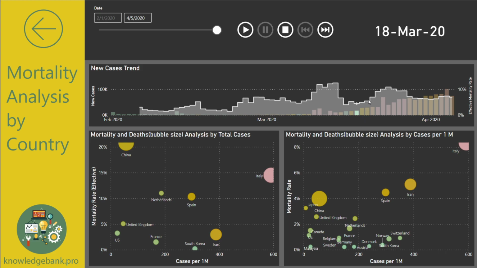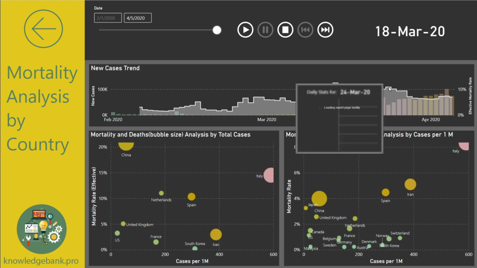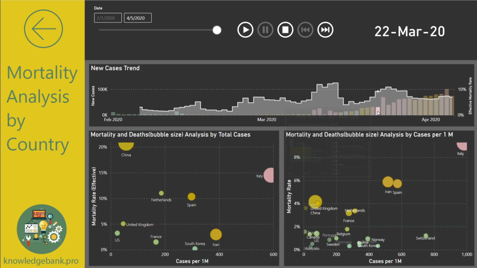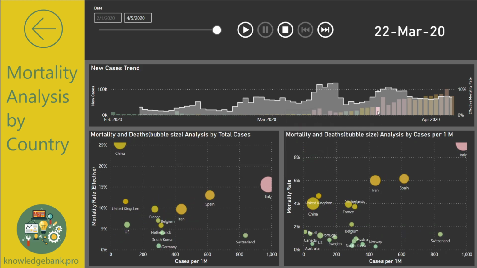However, effective mortality started rapidly climbing up. So by March 22nd, United Kingdom mortality was roughly 4.6%. However, we see the effective mortality was already 10%.